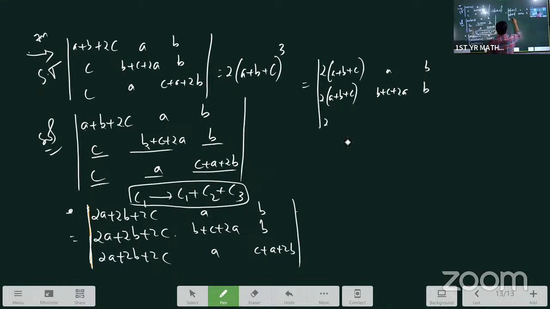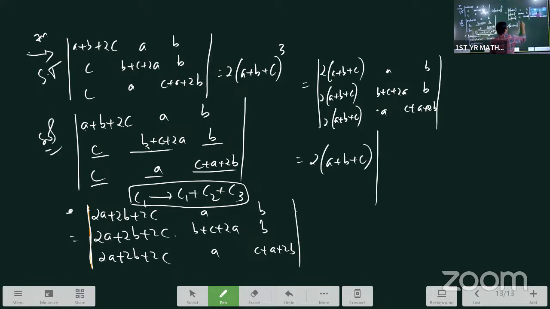Next, take 2 common, a plus b plus c, then a, and here c plus a plus 2b. Now, in column 1, I'm having the same thing, which I can take outside the determinant. This is a very important property of determinant. So 2 times a plus b plus c, I will take it out. When I take it out, what I'm going to get? 1, a, b; 1, b plus c plus 2a, b; and 1, a, c plus a plus 2b.